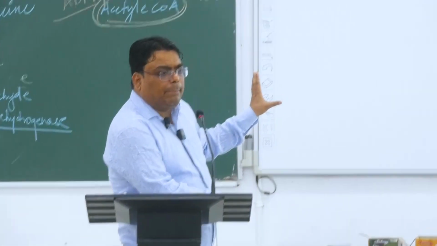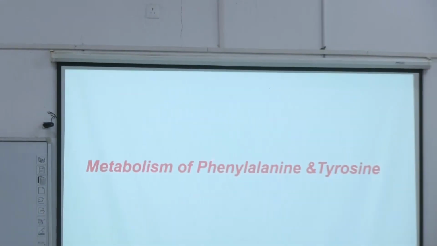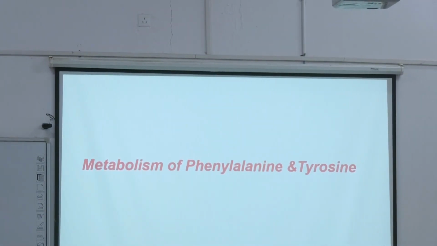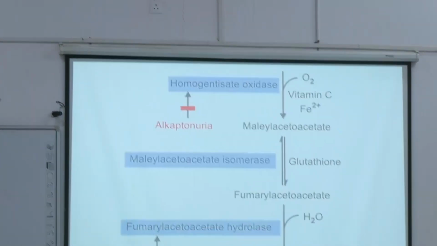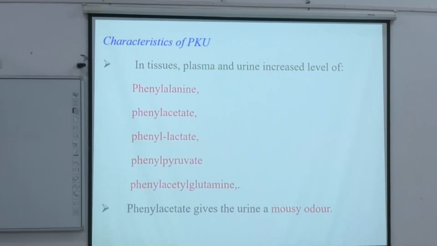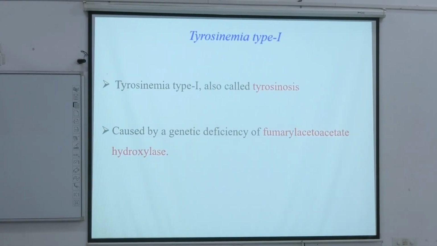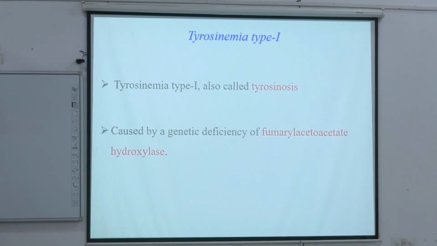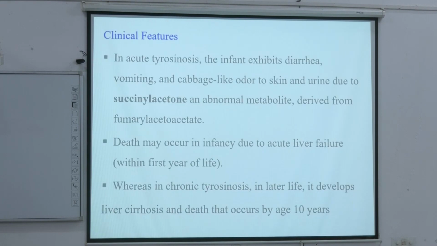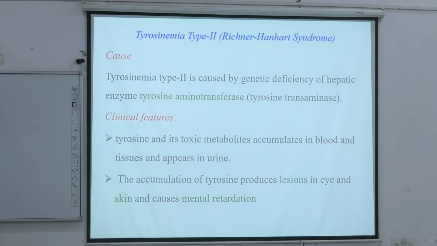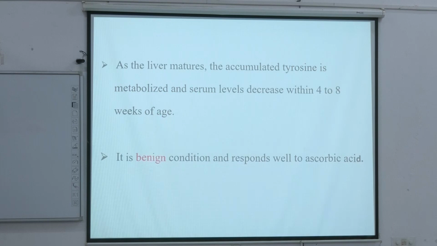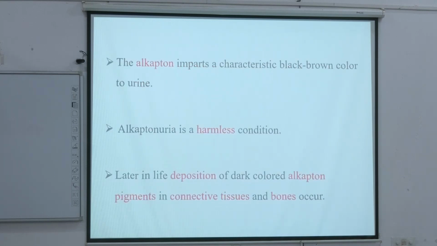This topic is already complete. Metabolism of phenylalanine and tyrosine. PKU, no? What is PKU? Phenylketonuria. Very important disease. I think you all already completed. I am not repeating here. Alkaptonuria, very important disease.